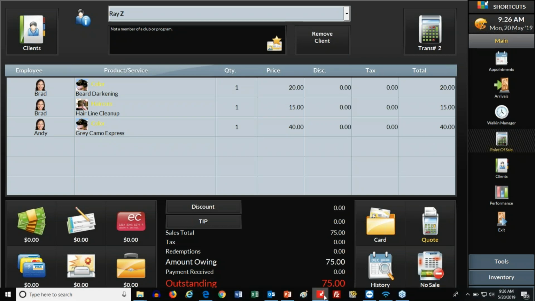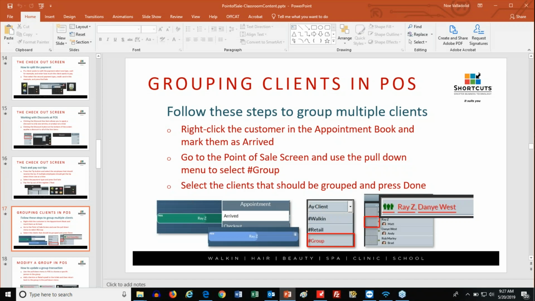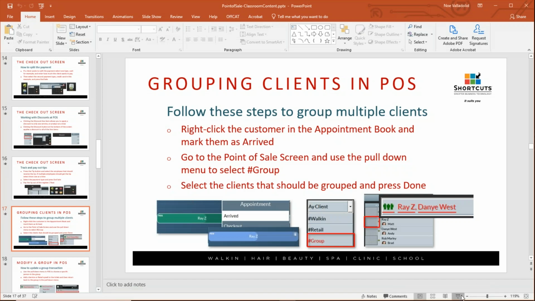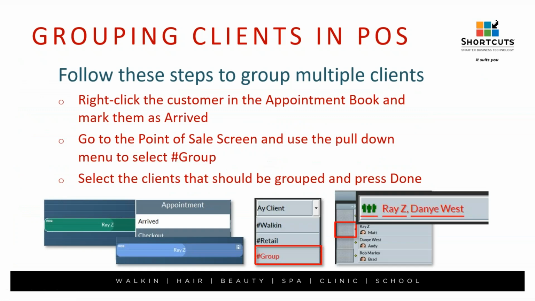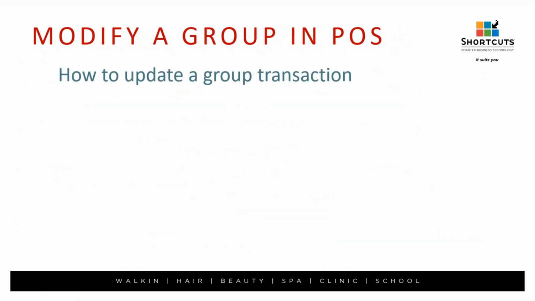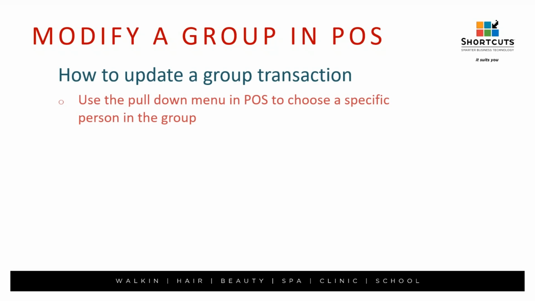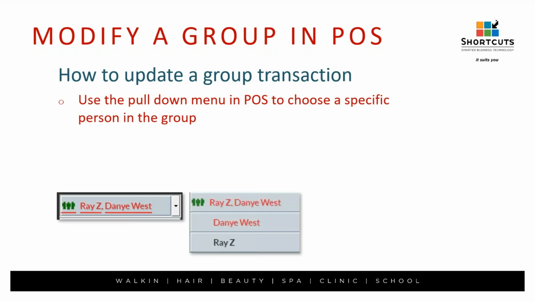Okay, back to our presentation. So grouping clients and modifying a group. So you can always tell Shortcuts one specific person is getting an add-on service or product.